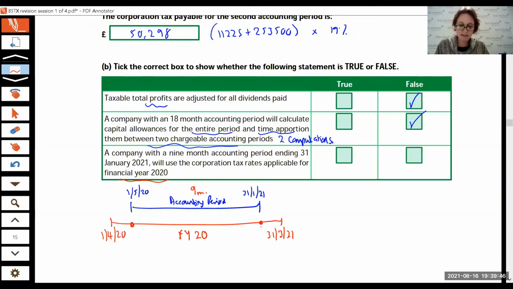And the answer is yes. If my top period there literally just fell into that period on the bottom, it would all live there. So that is true because the whole period overlaps with my financial year. So that was that one.